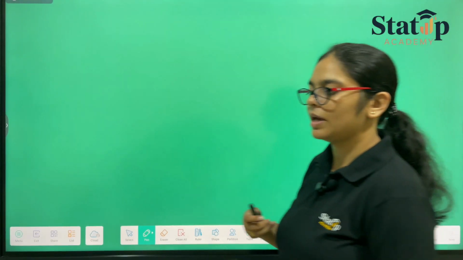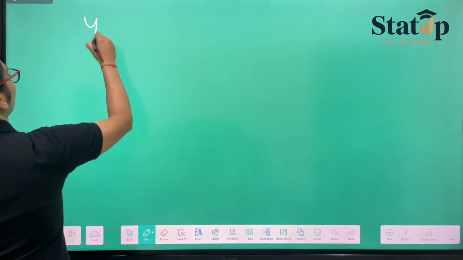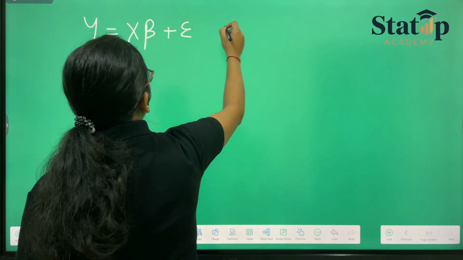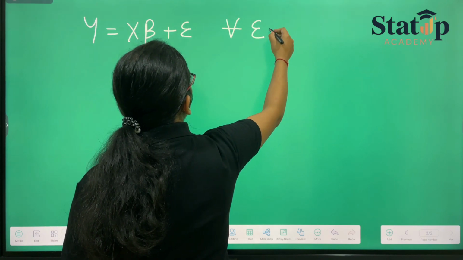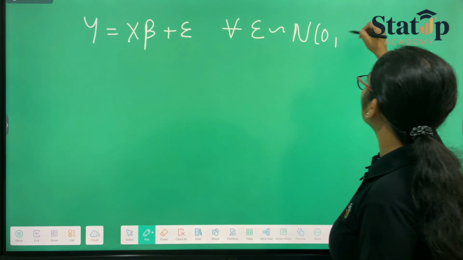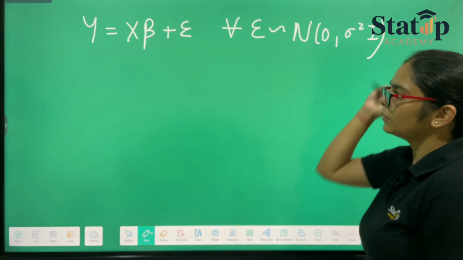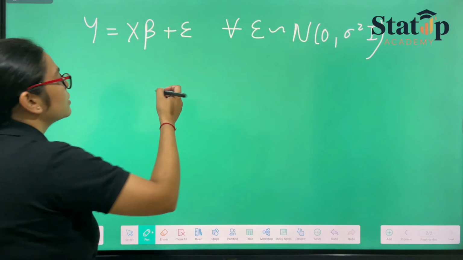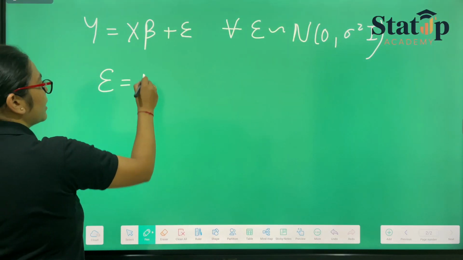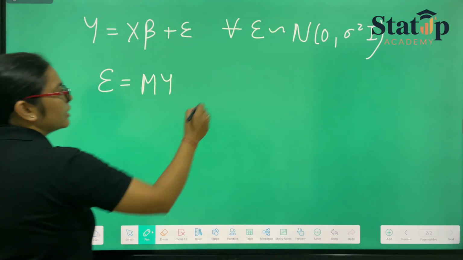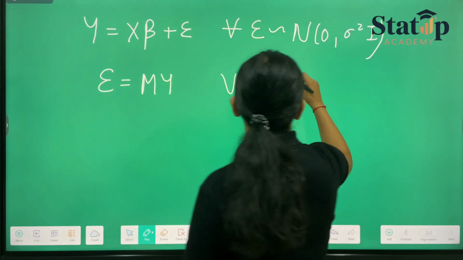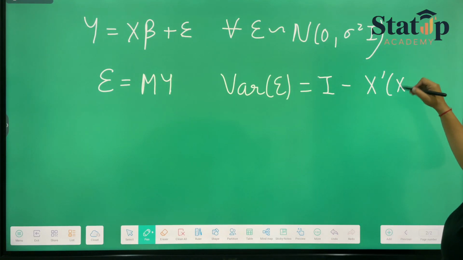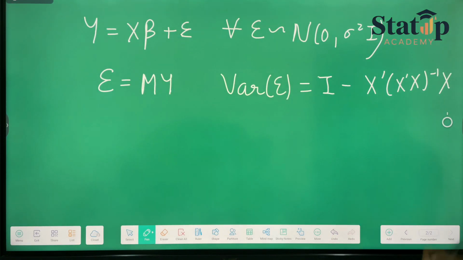So, what is the idea behind this? If we have been given a model y equals x beta plus epsilon, where epsilon belongs to normal 0 comma sigma square I. Now here, if we calculate our estimation, the variance of epsilon is I minus x (x dash x) inverse x dash.